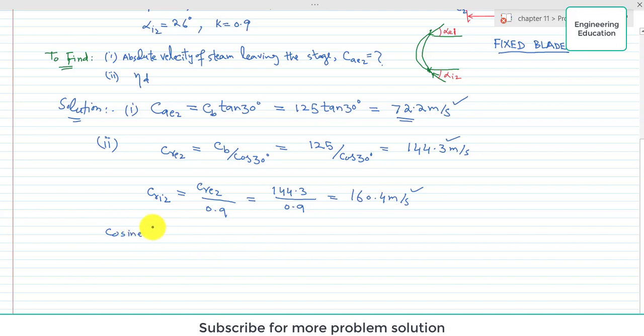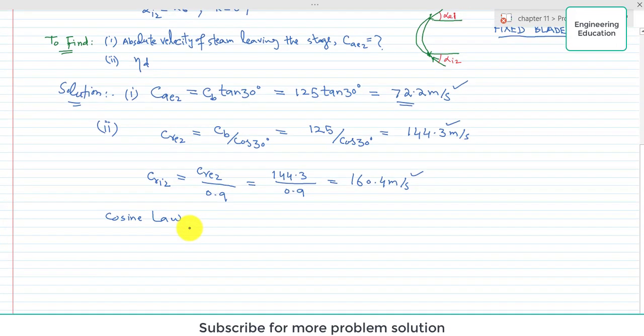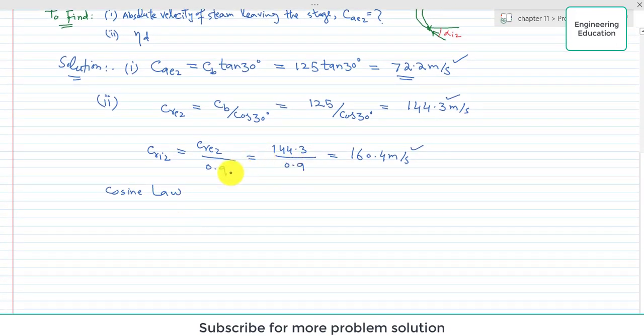So using cosine law to find CAI2, we can write from the velocity triangles that CRI2 square is equal to CAI2 square plus CB square minus 2 CAI2 CB cos alpha I2.